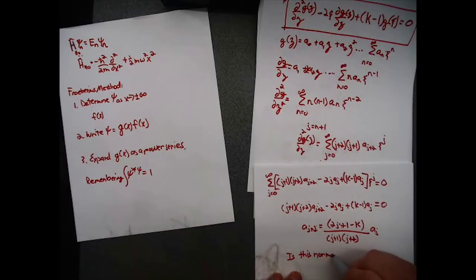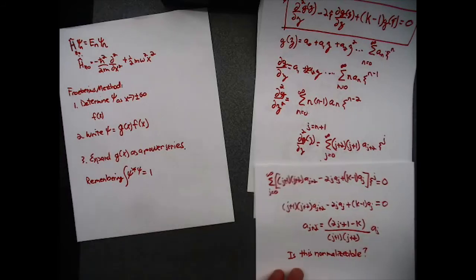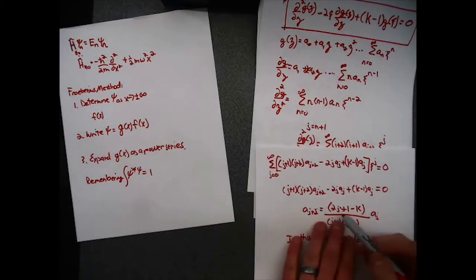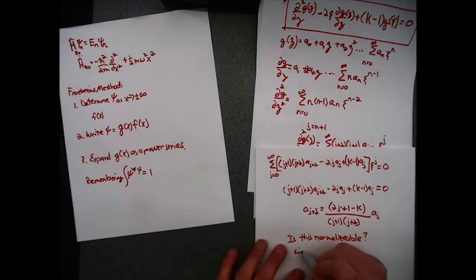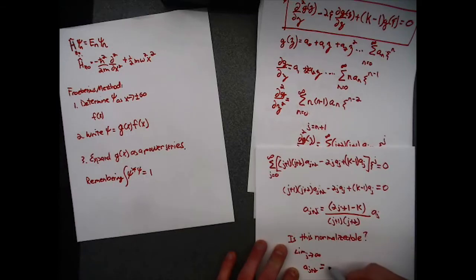So now we have this function. These are different coefficients for the different terms in the polynomial, and we're adding them up, j equals 0 to infinity. If we take the limit that j goes large, we can write a sub j plus 2 is approximately 2 over j a sub j.